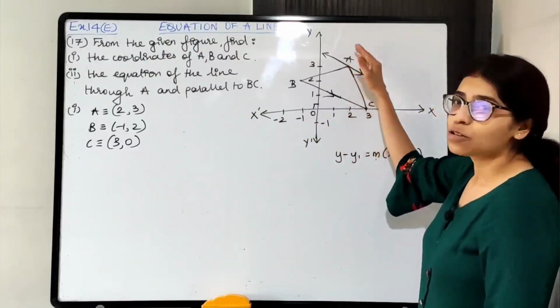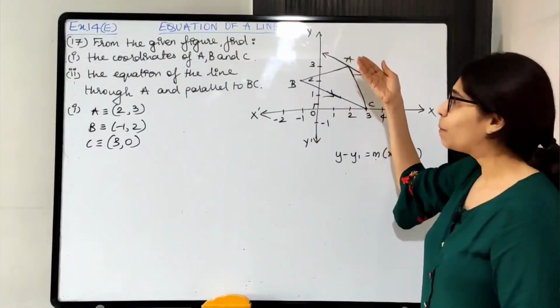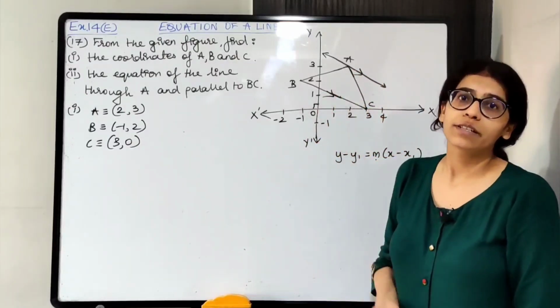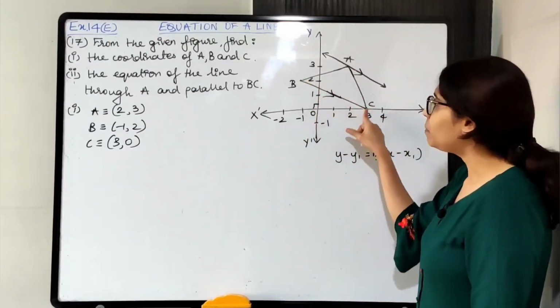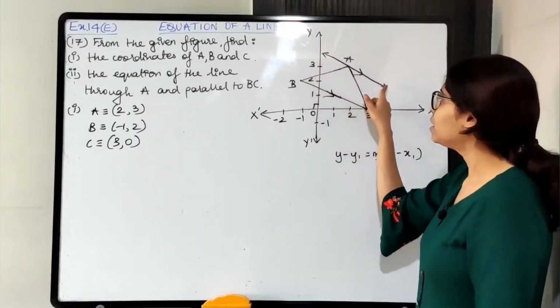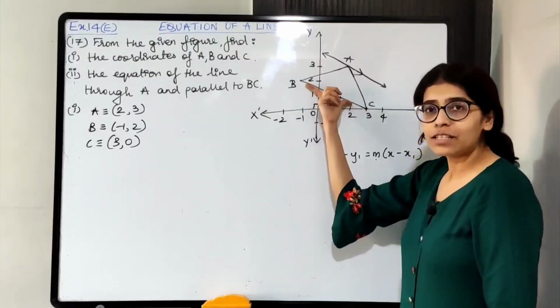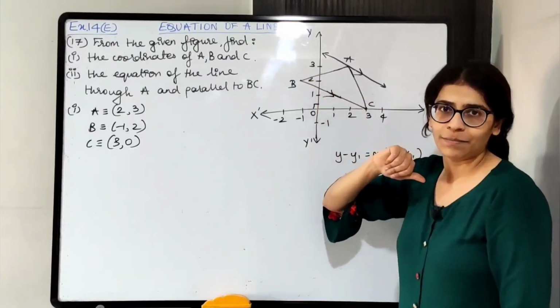I need slope of the line. For slope, I know the two lines are parallel and parallel lines have equal slopes. सो जो भी BC का स्लोप होगा वही ये लाइन का स्लोप होगा. ओके, सो आई कैन फाइंड द स्लोप फ्रॉम स्लोप ऑफ BC.